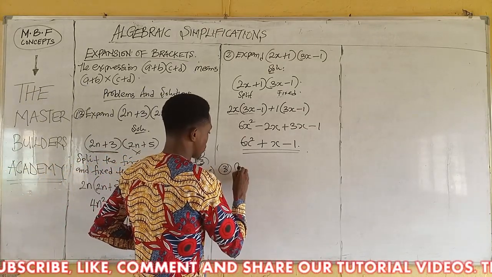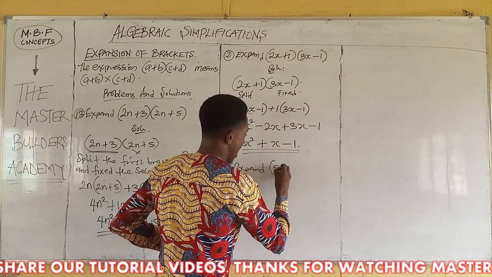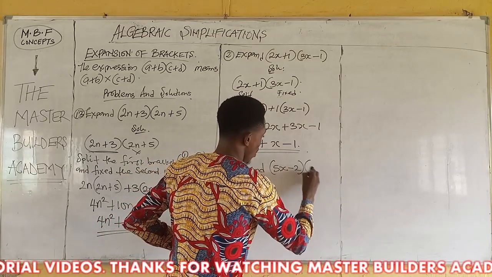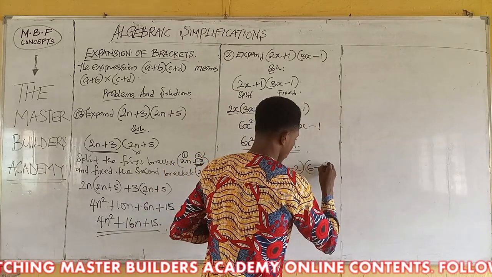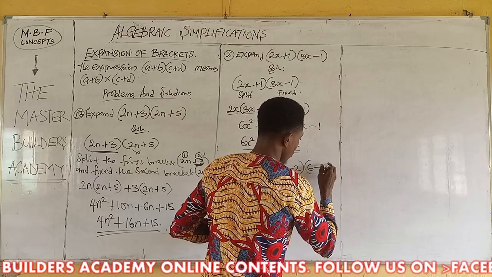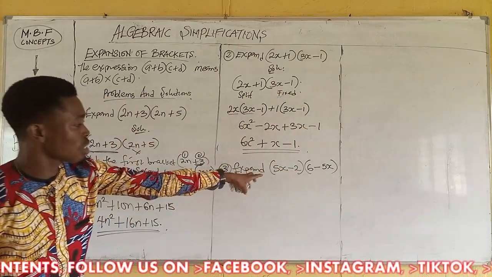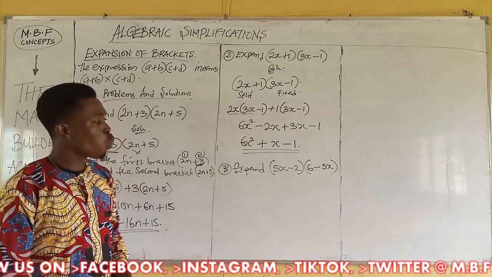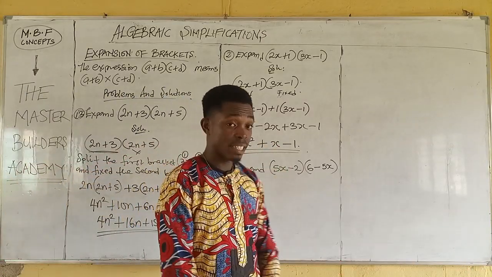Number 3, we are asked to expand 5x minus 2 into 6 minus 5x. Alright, so this is the question we have as question number 3.